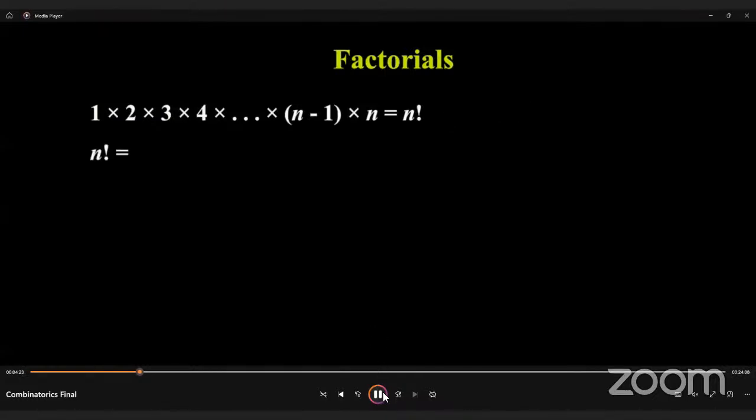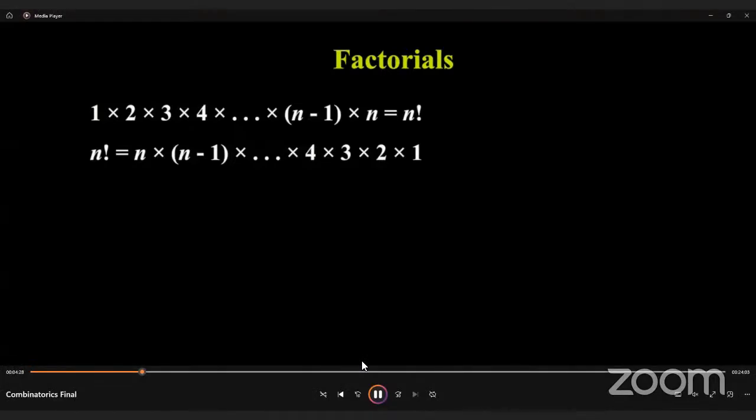And you can just write it from behind. So n factorial equals, yeah, some people in the Netherlands call it faculty. So n times n minus 1 times and so on times 4 times 3 times 2 times 1.